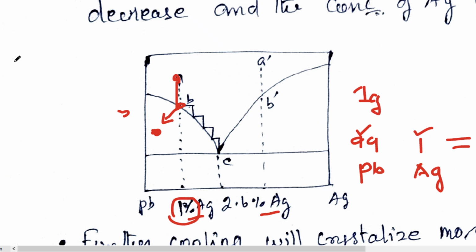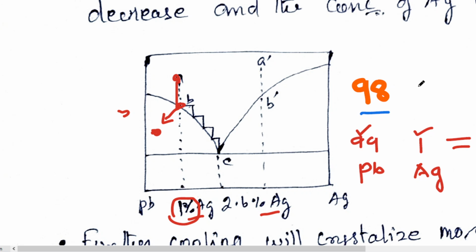What will be the remaining grams? The remaining will be 98 gram. And this is the new weight of lead.